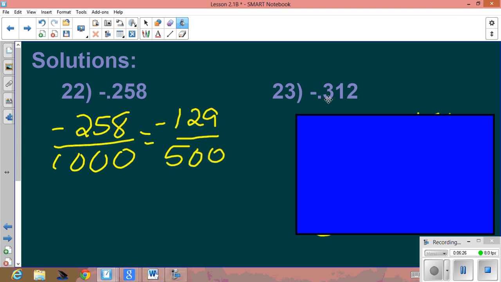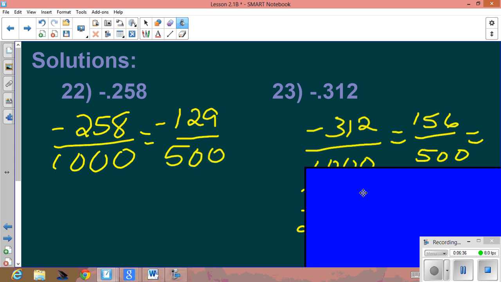And for this last one, I have -312 thousandths: tenths, hundredths, thousandths. So I'm going to take this number and put it over 1,000. And what I simply did was, because the numbers are so big, I just started dividing by 2 because they're both even.